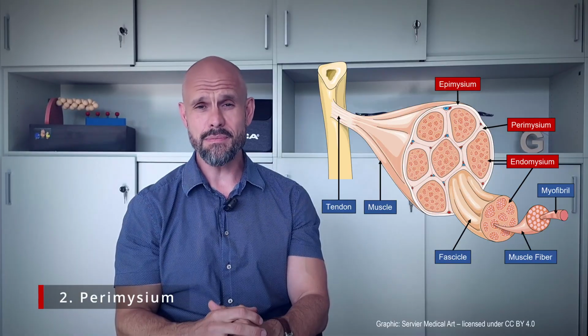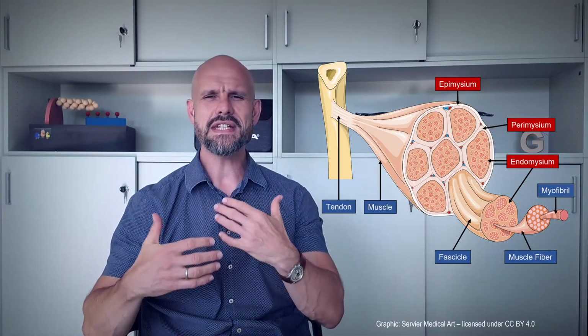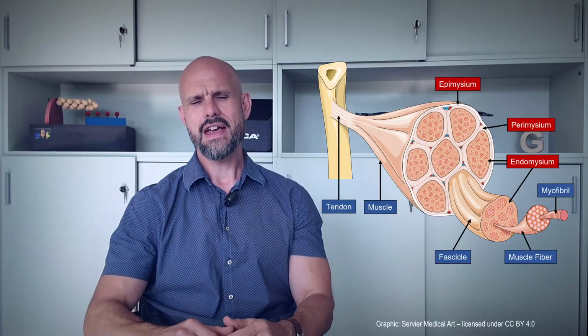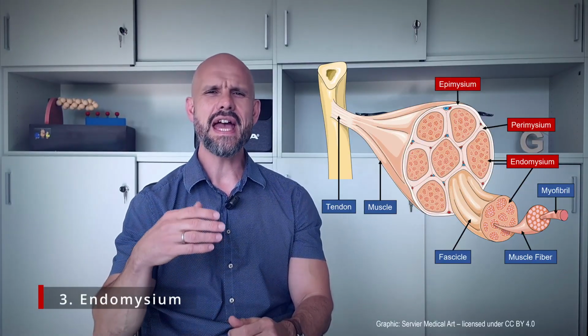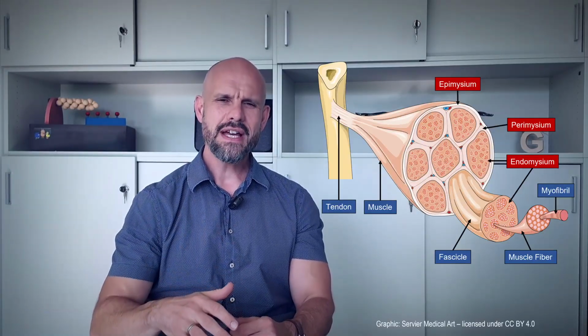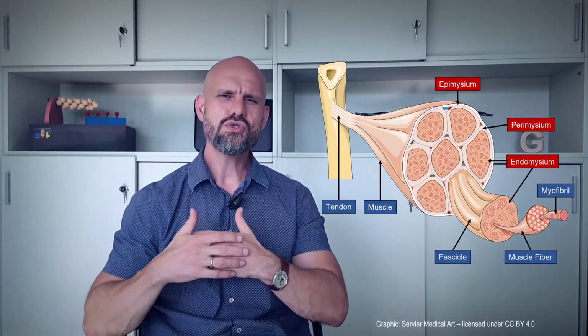Then we have the perimysium that wraps around each fascicle and serves as a pathway for blood vessels and nerves. And finally, there is the endomysium. This surrounds each muscle fiber and helps to distribute capillaries and transmit force laterally.